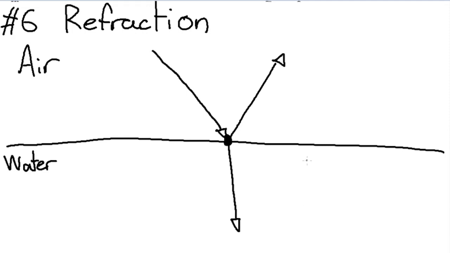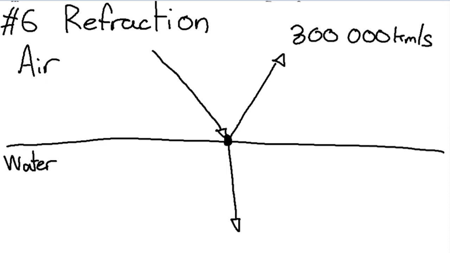So why this happens is, didn't I say that the speed of light is 300 kilometers per second? That's the speed of light in air. In water, it's much, much slower.